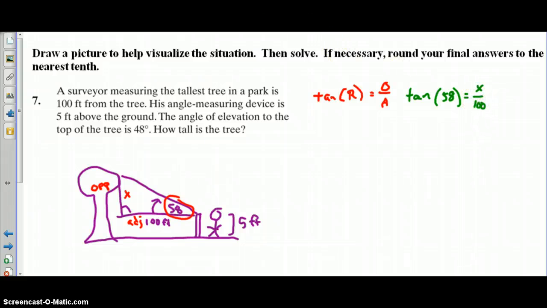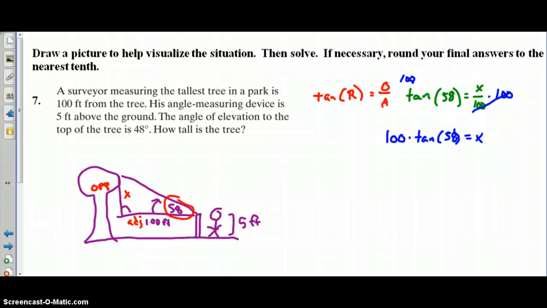So in order to solve the equation, here we have our fraction. And so in order to undo the fraction, we're going to multiply by the denominator. So multiply both sides by 100. So dividing by 100 and multiplying by 100 cancel each other out. And so we have 100 times the tangent of 58, and that is equivalent to x.